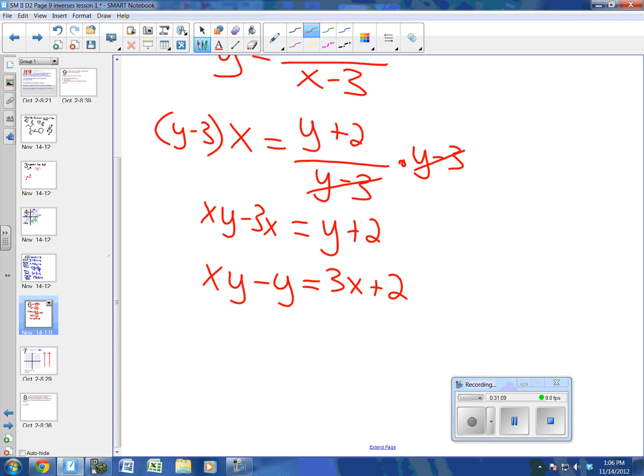All I did is add 3x to both sides and subtract y. Now I factor out y.